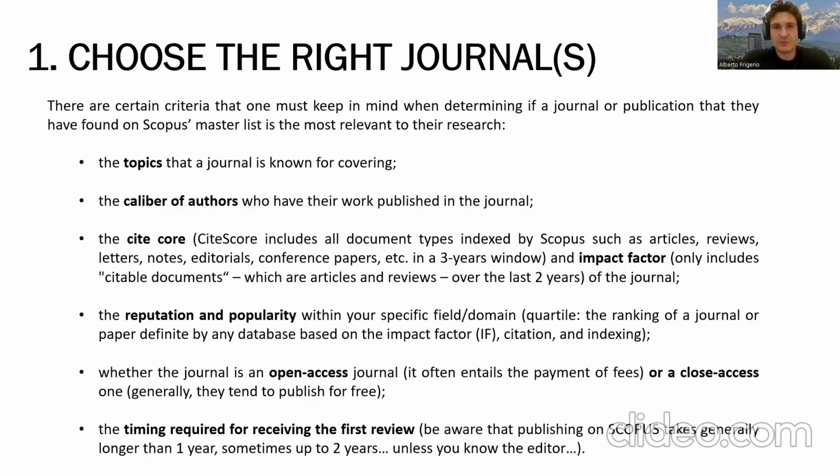In my case, as I work more on humanitarian studies, the average timing is over 1 year. So it's very long to receive the first review and then to see the final article released and available for the public. So that is also an important component you need to consider.